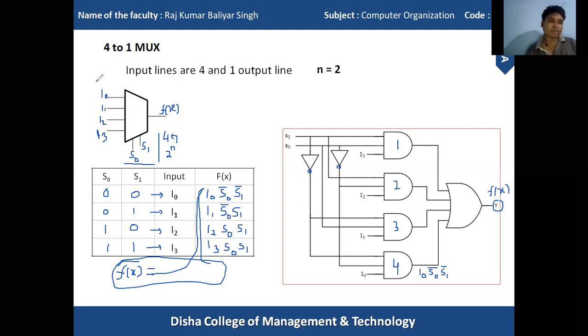Similarly, four computers are connected to this device, and the four computers can send data to this device, and this device sends the data to another device through a single channel. In that case we can use the multiplexer. So here we discuss this 4 to 1 MUX. You can develop 8 to 1 MUX, 16 to 1 MUX, 32 to 1 MUX, because here the n value can be increased like that.